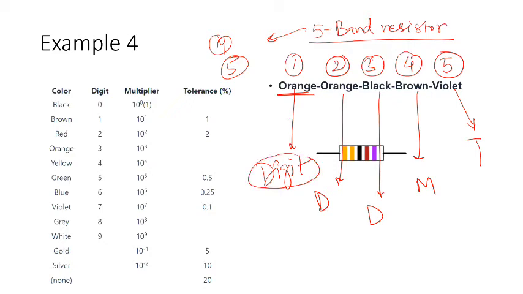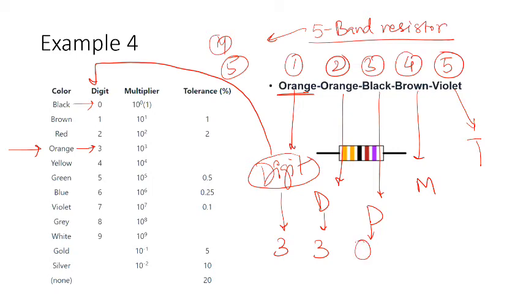So let us proceed to the digit column of the table, and we'll find orange here. Corresponding to orange, I can see here it is 3. Again, second band is orange, digit would be 3. Third band here is black, so the digit corresponding to black here is 0. So let us write down 0.